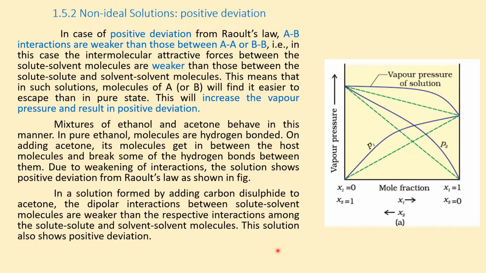In a solution formed by adding carbon disulfide to acetone, the dipolar interactions between solute-solvent molecules are weaker than the respective interactions among the solute-solute or solvent-solvent molecules. This solution also shows positive deviation.